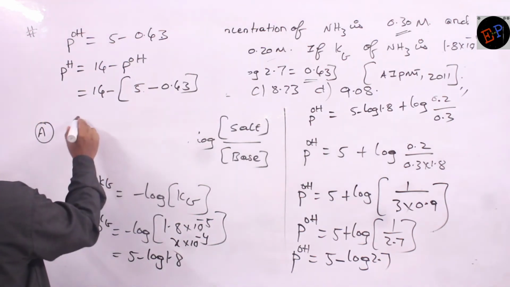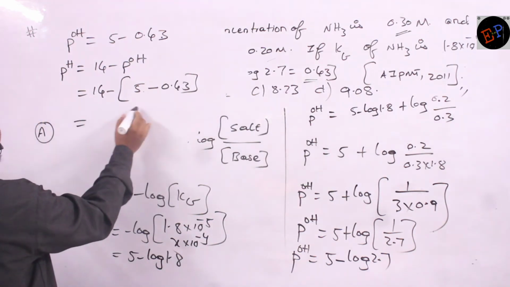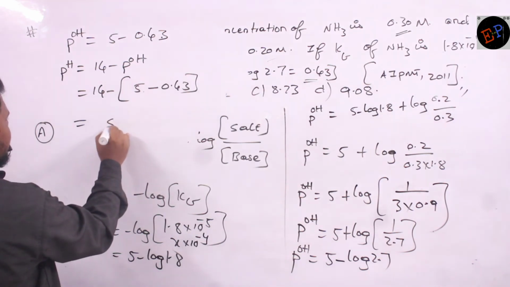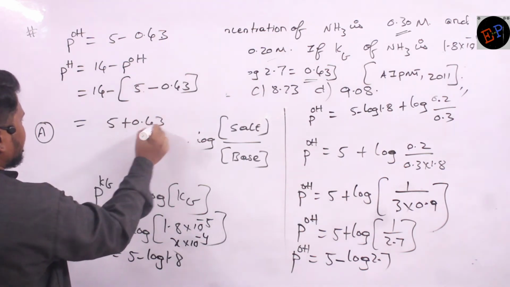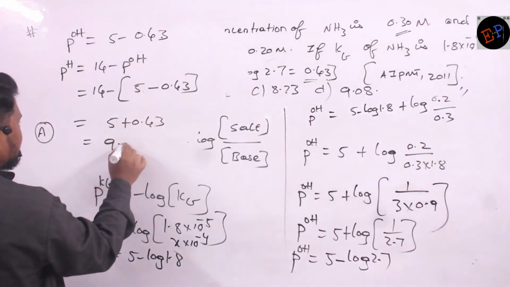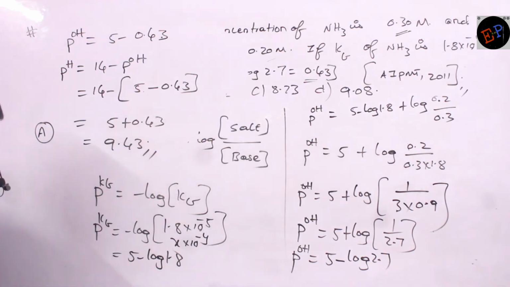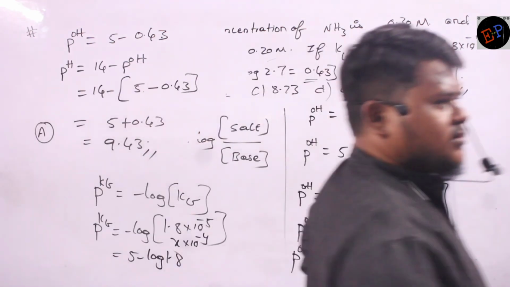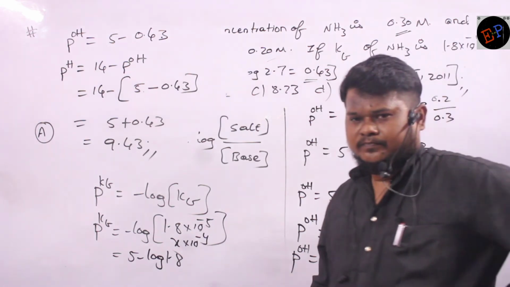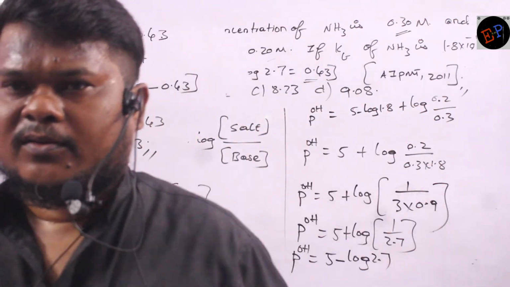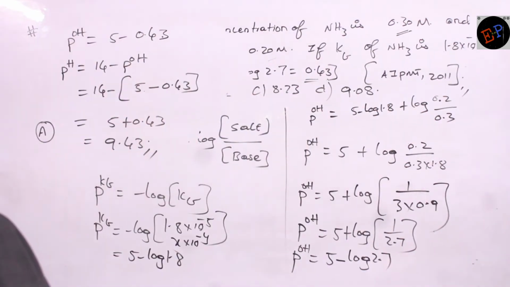If you do this calculation, I will get 14 minus 5, 9 plus 0.43. So it is 9.4. Have you understood? Clear? It's a very simple calculation. Make a note of it.